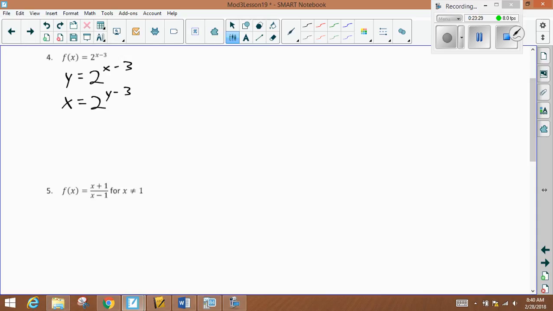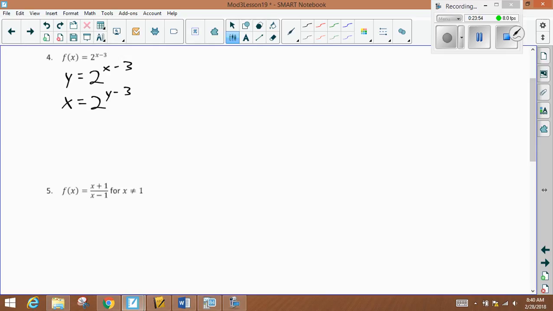Normally, when we first encountered these exponential equations, and we had to solve them, we wanted to make our bases the same, right? But there's no way I can make this x be a base 2. It's impossible. So my only option now is to take the log of both sides. Remember, we're allowed to take the log of both sides.